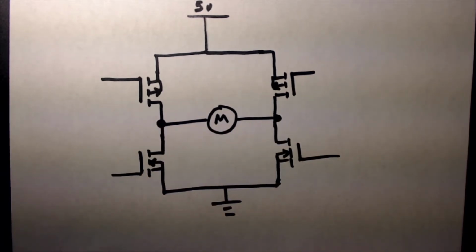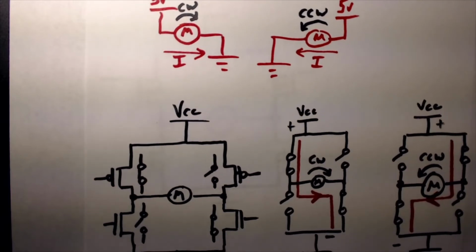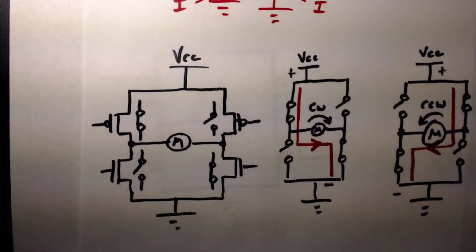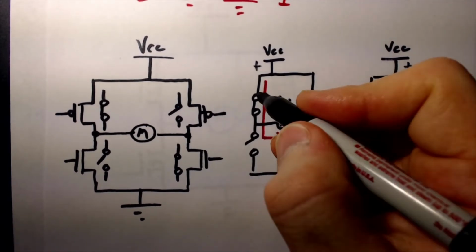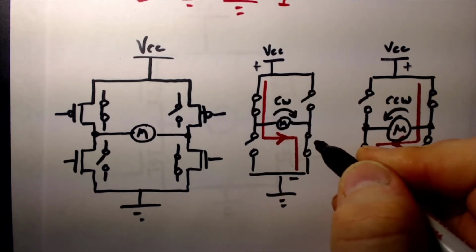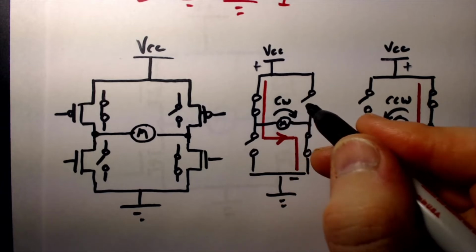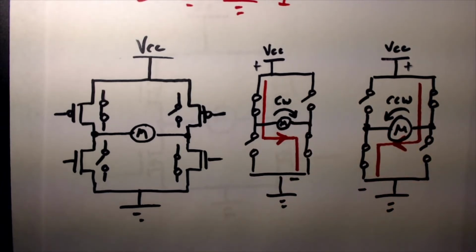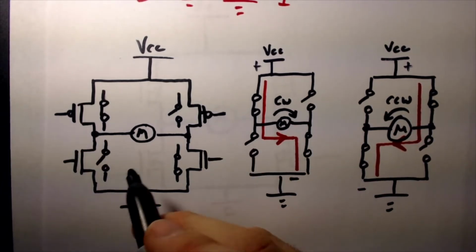And now remember the pattern that we had to get. I need this one closed and this one closed, and these two to be open. And now let's look at how we would achieve that using these MOSFETs.